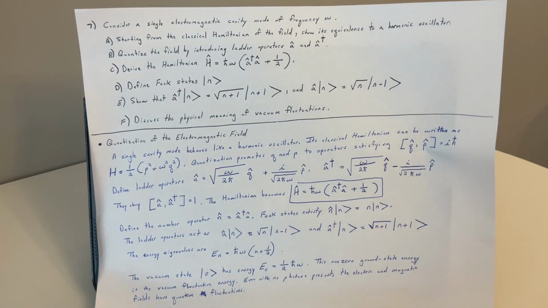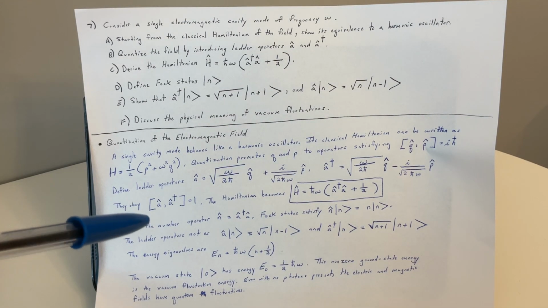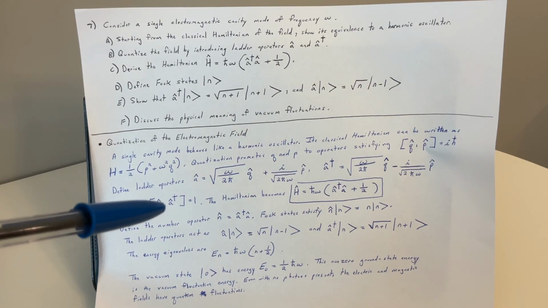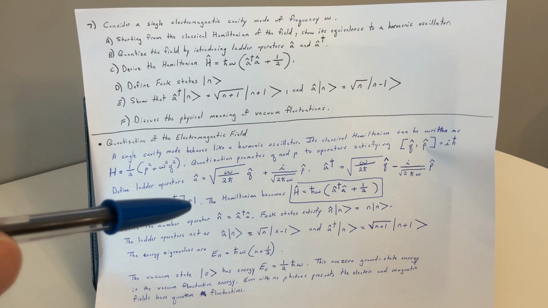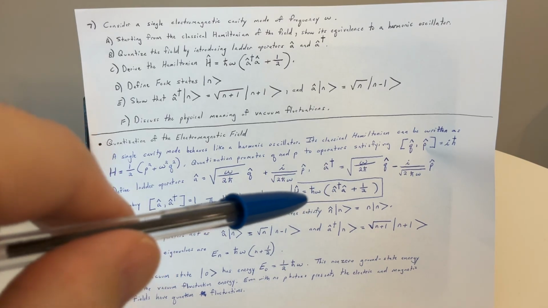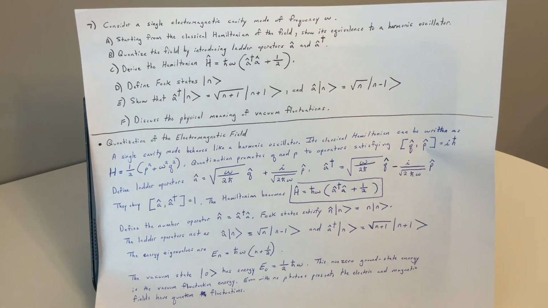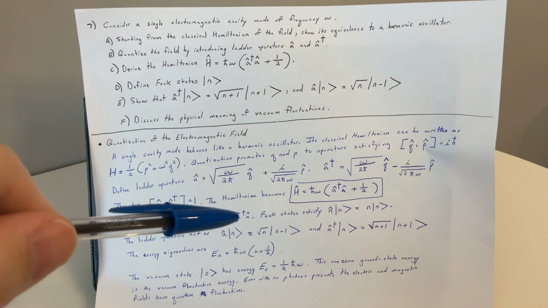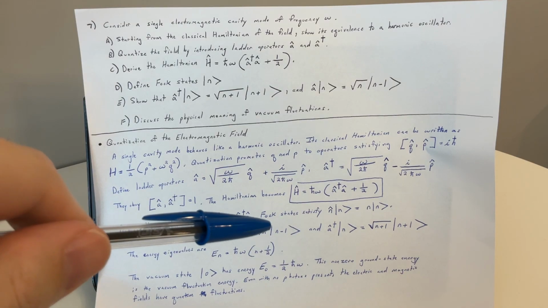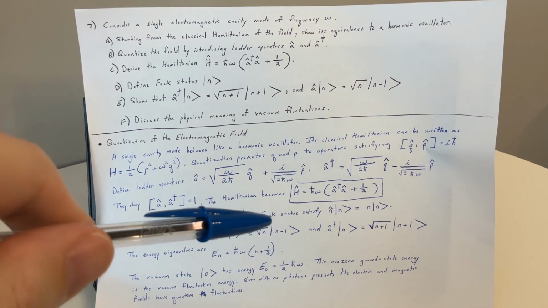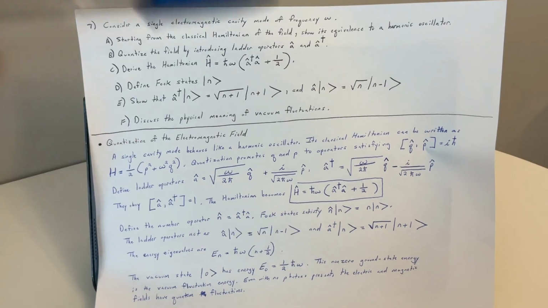So they obey the commutator A hat, A hat dagger equals 1, and the Hamiltonian becomes H hat equals h bar omega times the quantity A hat dagger A hat plus 1/2. If we define the number operator n hat equals A hat dagger A hat, the Fock states satisfy this.